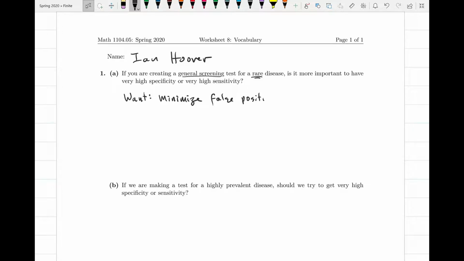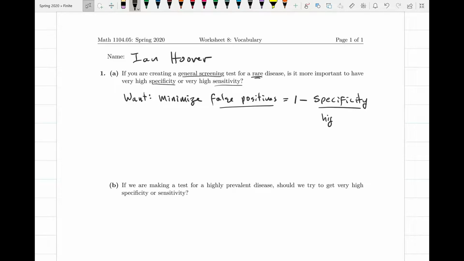Alright. And how are false positives related to specificity or sensitivity? Well, if we recall from before, the false positive rate is 1 minus the specificity. So if we want the false positives to be low, then we want the specificity to be high.